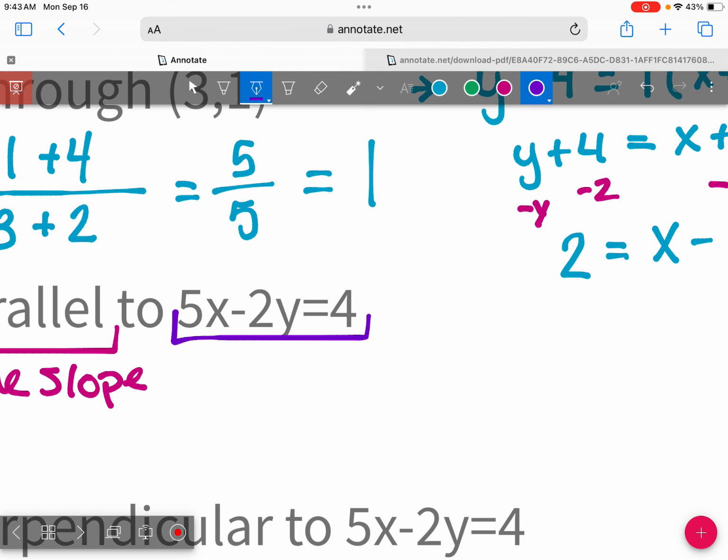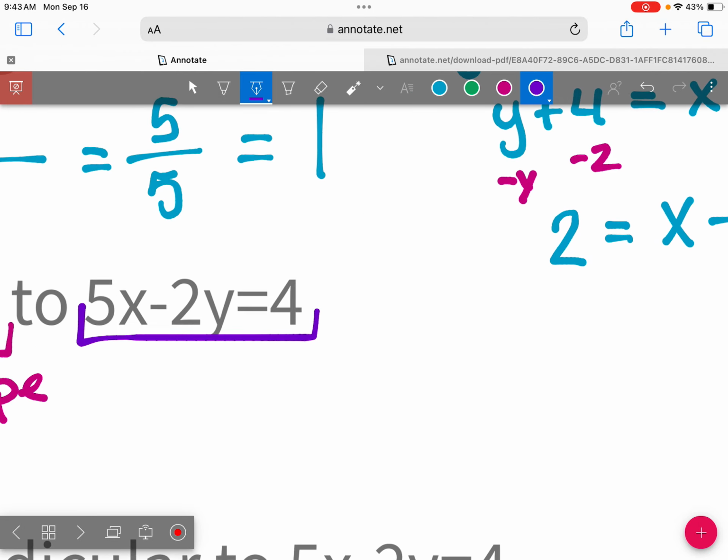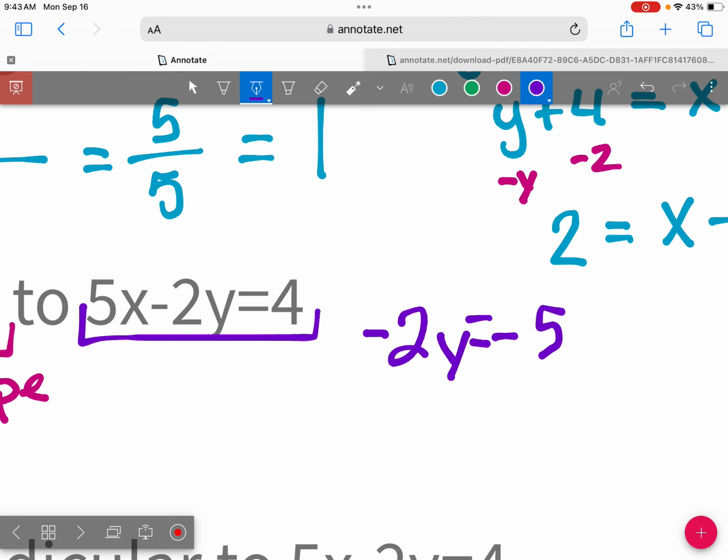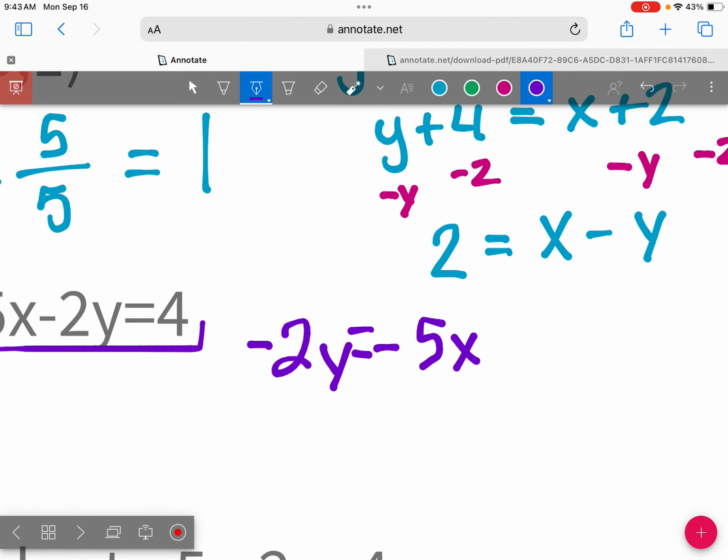Put it into slope-intercept form. Get the y by itself. What do I need to do to get the y by itself? Minus 5x. So I have negative 2y equals negative 5x plus 4.